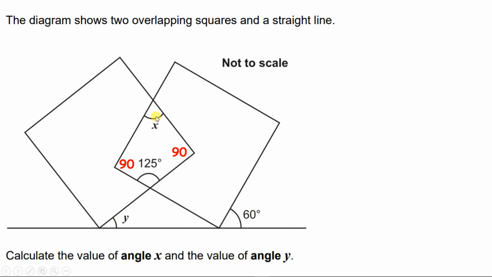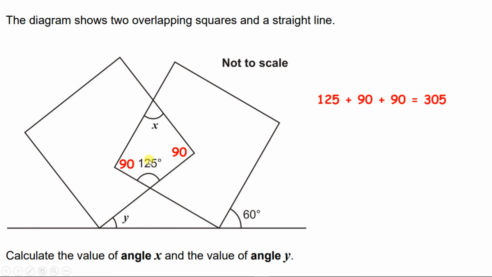Now for angle X, we've got a quadrilateral here, and we need to remember that angles in a quadrilateral, so in a shape with four sides, always add up to 360. So we know that squares and rectangles have 90 degree angles to give 360, but whatever quadrilateral you have, the angles always add up to 360.